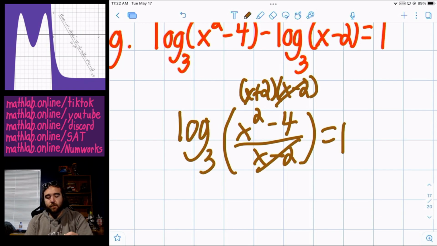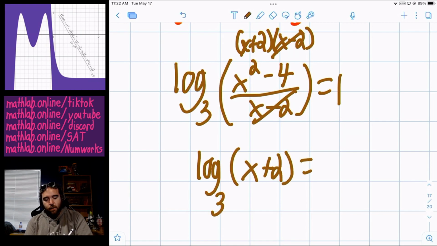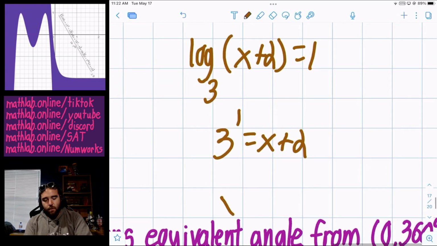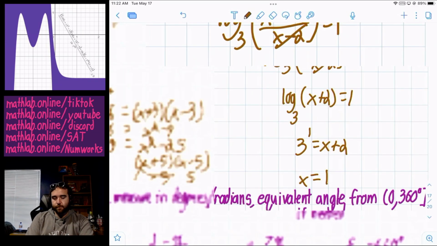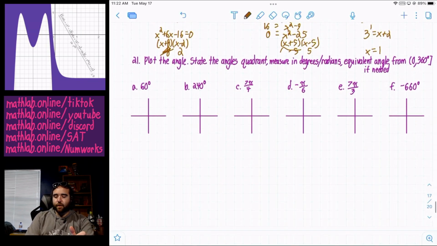So we can cancel these x minus 2's. It's just log base 3 of x plus 2 equals 1. Now when we put that into exponential form, we get x equals 1. Nice. So that's it with logarithms.